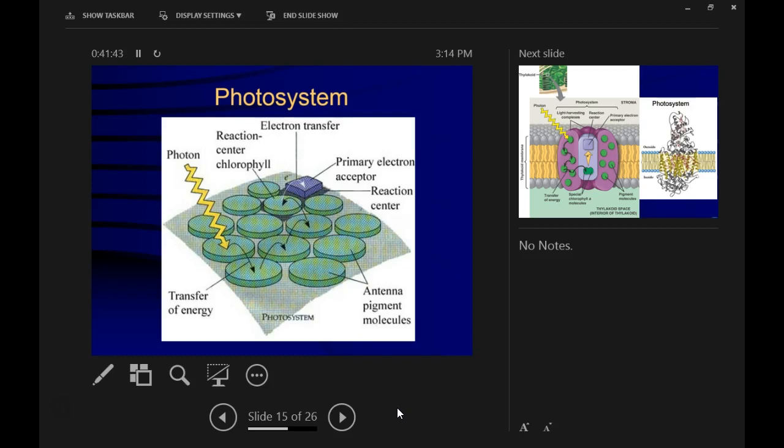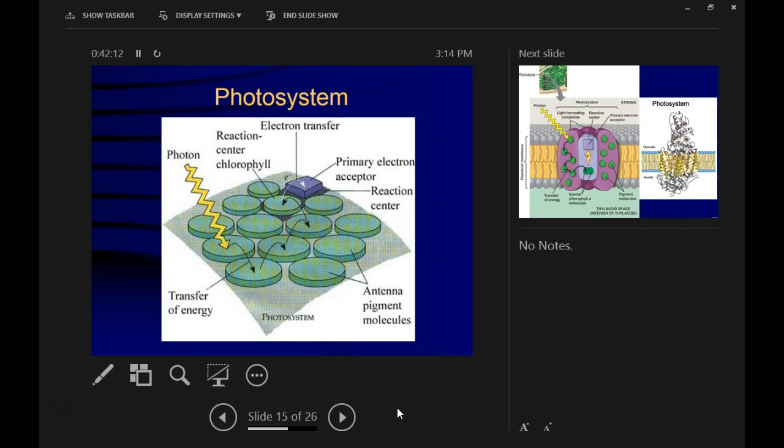Now, in a process we don't quite understand, in fact, we think that this might occur at the quantum level, I mean really, really tiny level, that energy that was absorbed and released by this gets picked up by the neighbor, and its electrons get boosted, it drops back down, and then that energy gets absorbed by the neighbor.